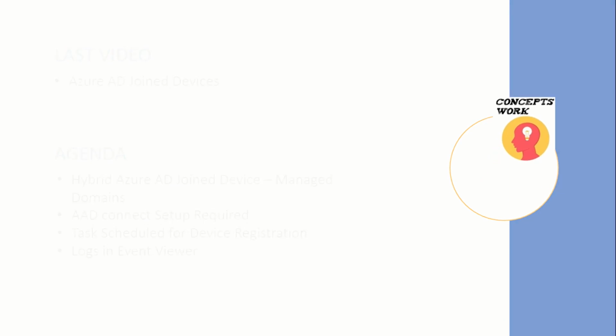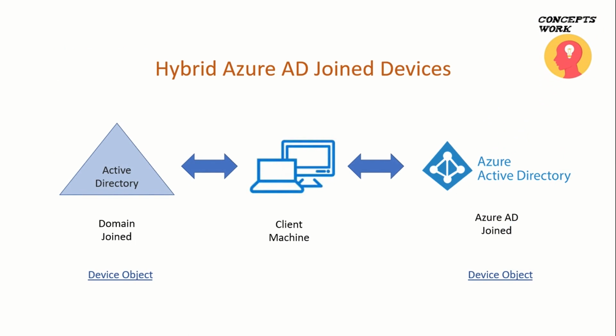So let's start off by knowing what is a hybrid Azure AD joined machine. In a nutshell, if a machine is joined to your on-prem AD as well as Azure AD, that machine is called hybrid Azure AD joined. And there will be a device object with reference to this particular machine that will be created in your local AD as well as Azure AD.